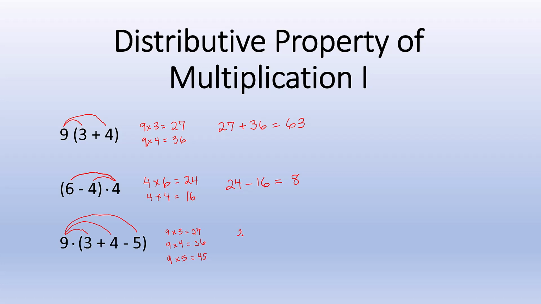So I have 27 plus 36 minus 45. I'm going from left to right. 27 plus 36 gives me 63. 63 minus 45 gives me 18. Okay, let's keep it moving.